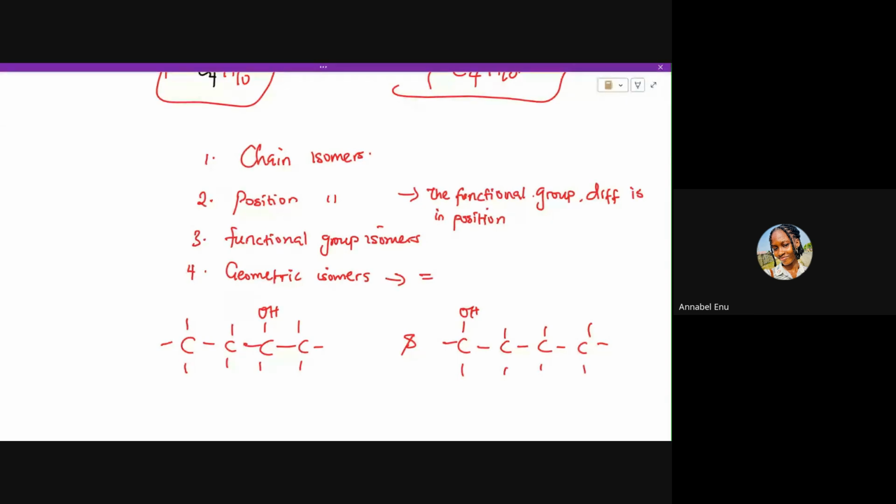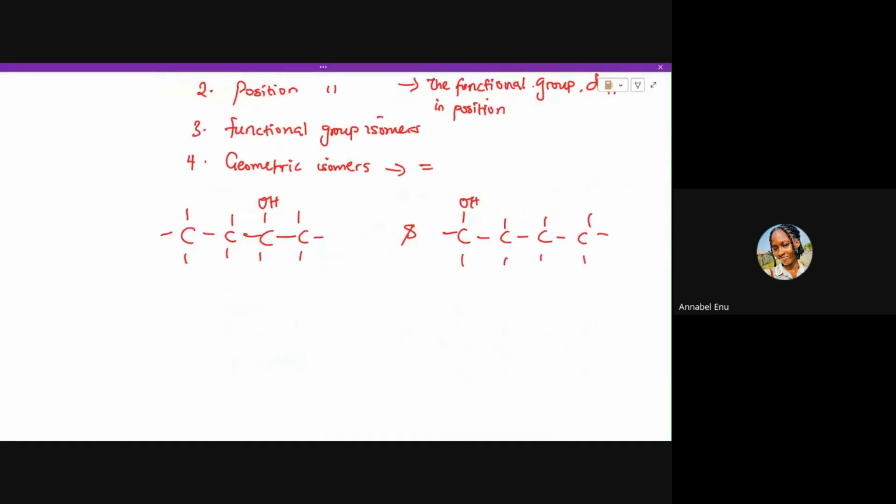Now, if we are to name these two structures, they are not exactly the same thing. The difference is the position of their functional group. These two structures have the same molecular formula, and that's what makes them isomers, but their structures look different. So if we name this A, we are not going to give it the same name as B, because their structures are not the same. The difference in structure also explains the difference in naming.